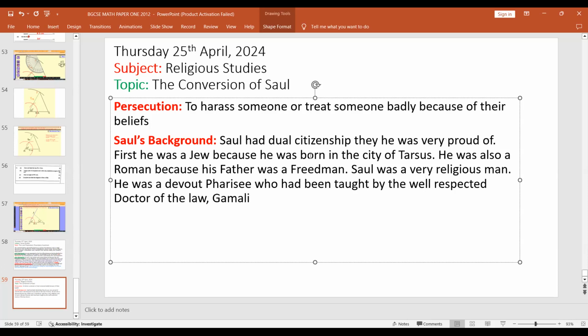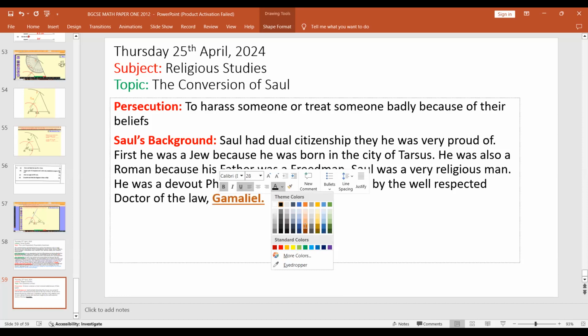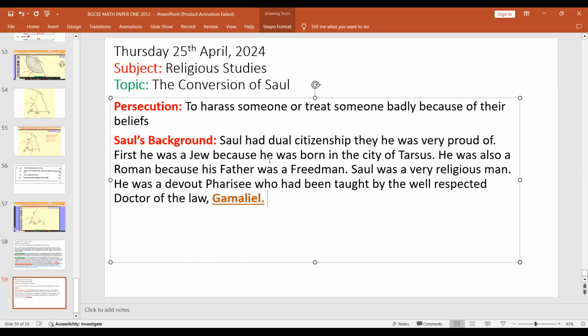So Gamaliel was someone who was very influential and a very well-respected teacher, and that was the teacher of Saul. And so Saul was taught under the best. So he had dual citizenship, right?